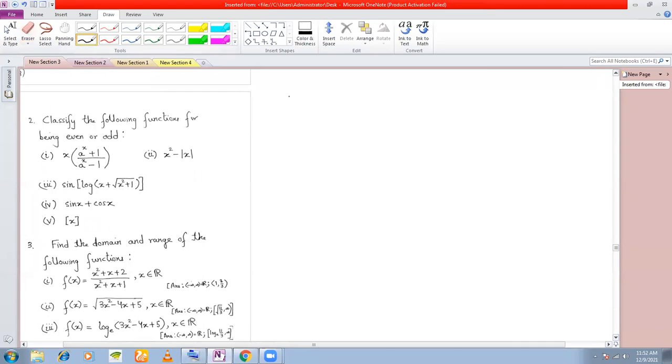Classify the following functions for being even or odd. 2, part 1. Given here is fx is equal to x e to the power of x plus 1 by e to the power of x minus 1. We need to check whether this function is even or odd.